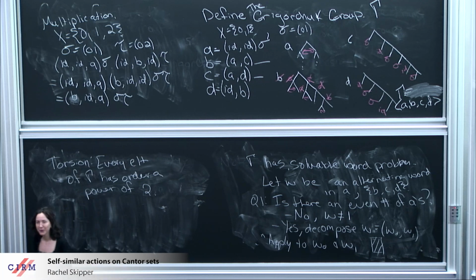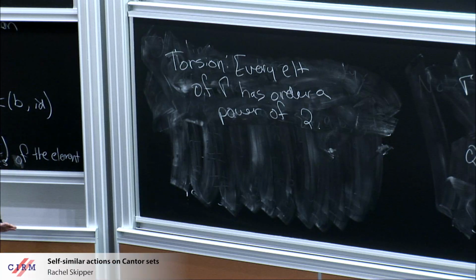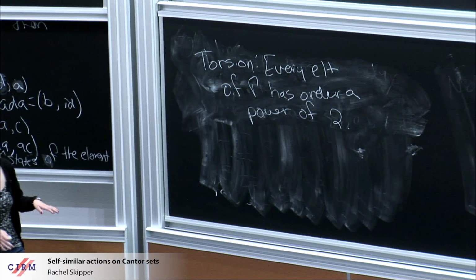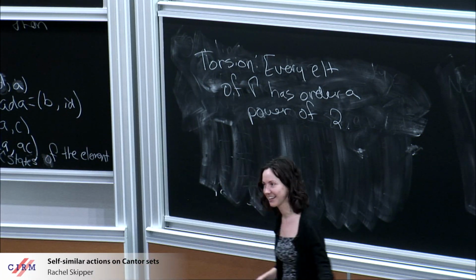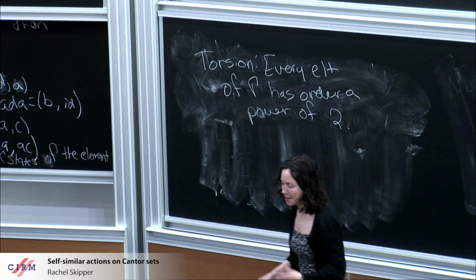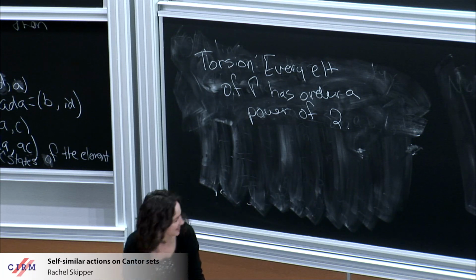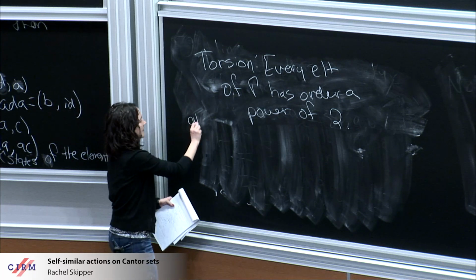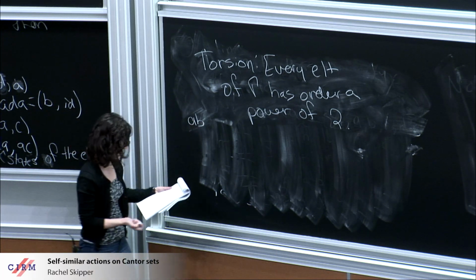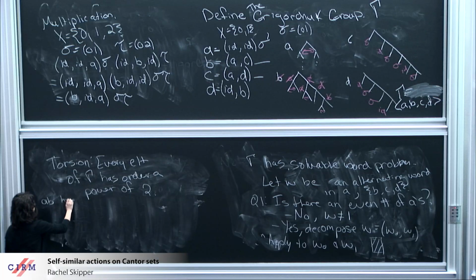All right, so this one I'm going to be sweeping a little bit more under the rug. The proof requires a little bit of case-by-case analysis of different types of words, looking at odd-length words and even-length words. But the picture to have in mind is let's look at a specific example. So let's look at the element AB, and I claim AB has order 16.